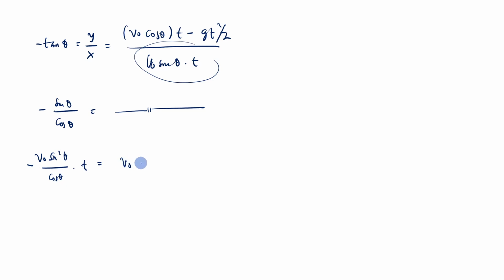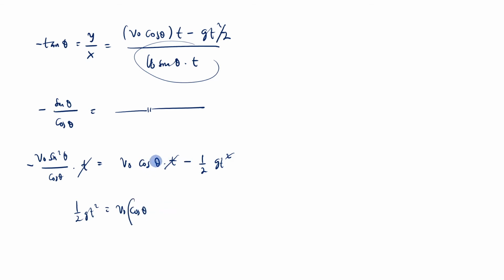And the right side is V0 cos theta times d minus 1/2 g t squared. So we can simplify this equation by removing t, and we get 1/2 g t squared by moving this term to the left side, and V0 cos theta.